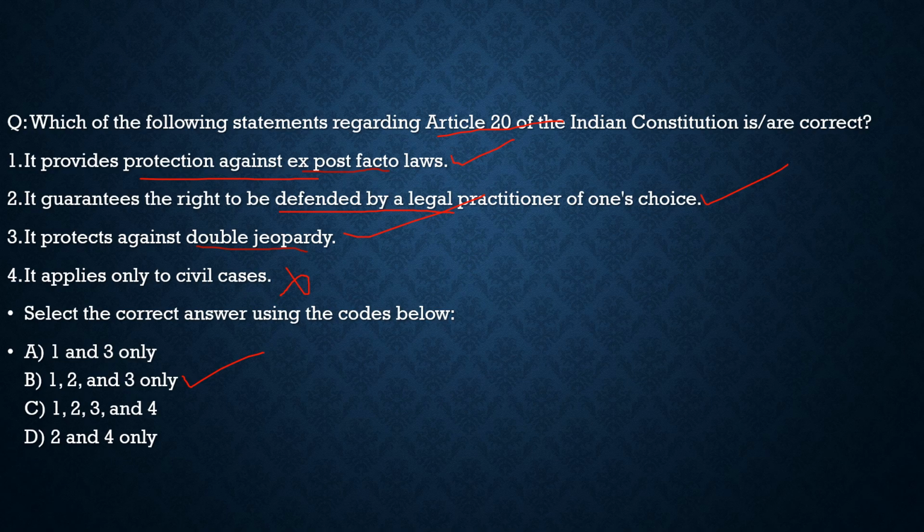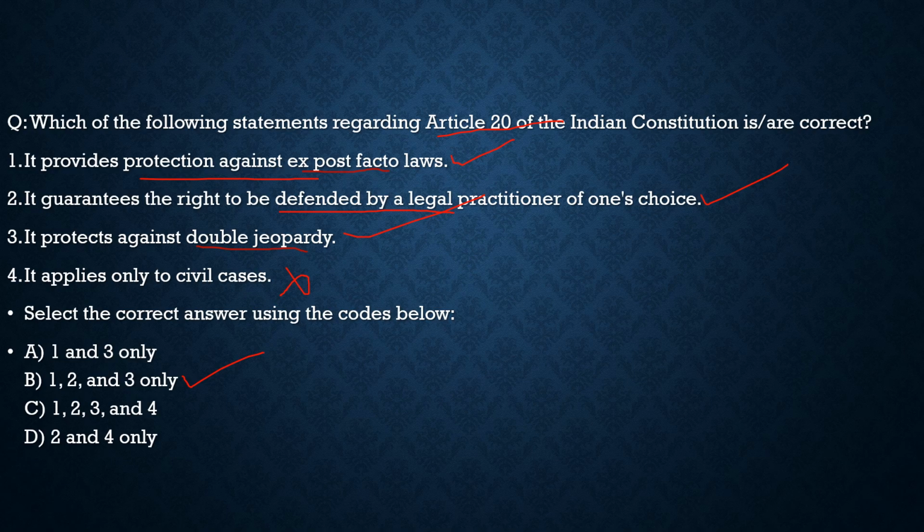For example, suppose something was legal in India and suddenly it became illegal. If you had done that act before the law, then you can't be punished. For example, today is 15th October, and the government came up with a law that you can't form trade unions; they are totally banned from the 15th October.